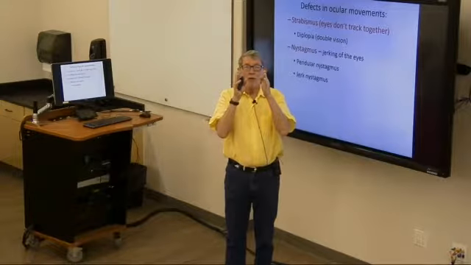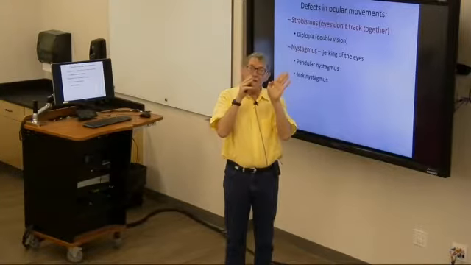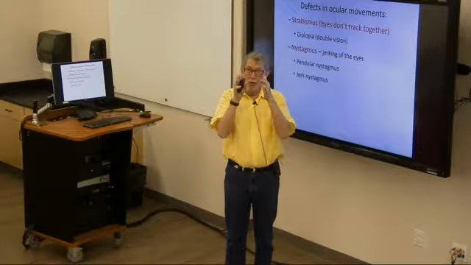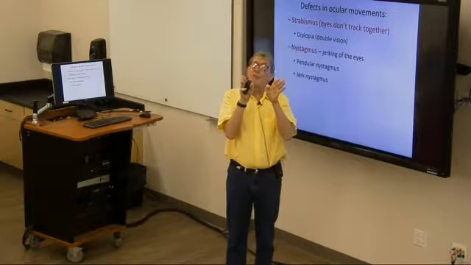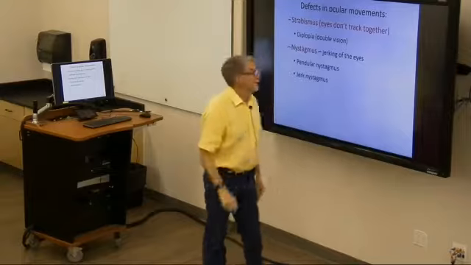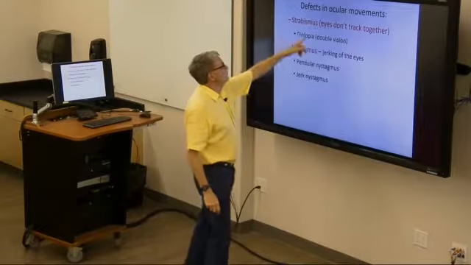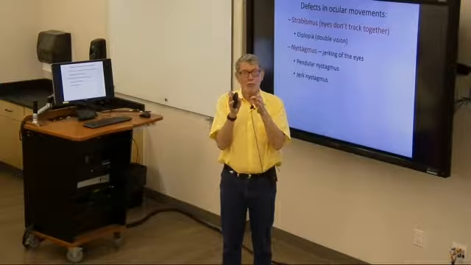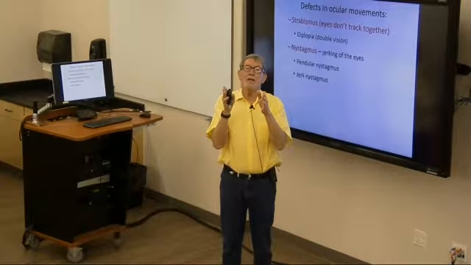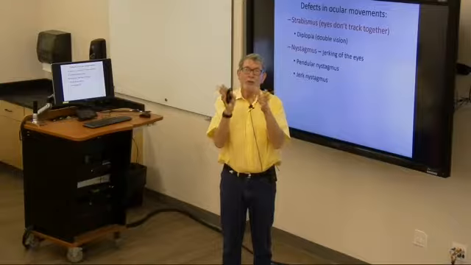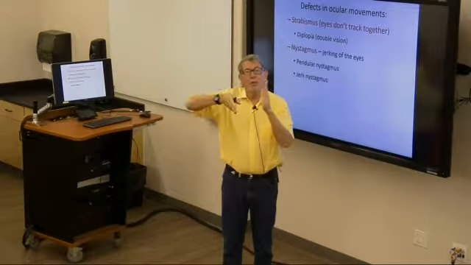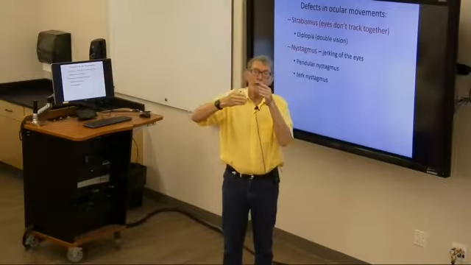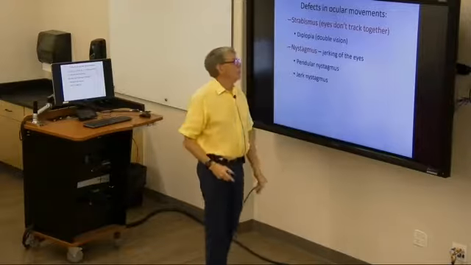Either when you track them, they will change position, or one is always pointed in the wrong direction, slightly. A strabismus is eyes that don't point in the same direction. So you can be cross-eyed, your eyes can point out, they can point up and down, one can be straight, one in, and that's a strabismus.